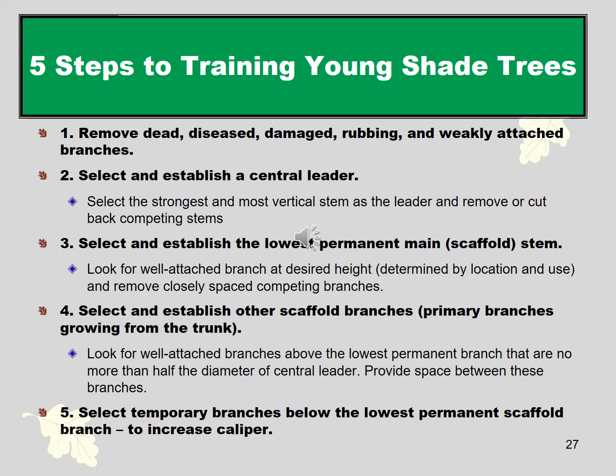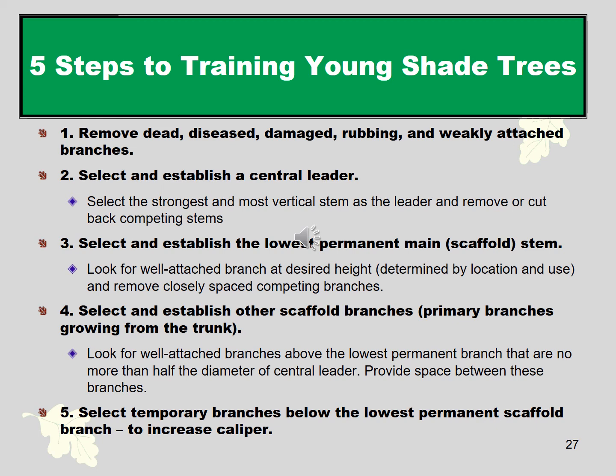Here's 5 steps to training young shade trees. Some of them we've already gone over. So first, pruning is very generally used to remove dead wood, diseased wood and branches, damaged branches, rubbing branches, and weakly attached branches. 2, select and establish a central leader. 3, select and establish the lowest permanent main scaffold stem.